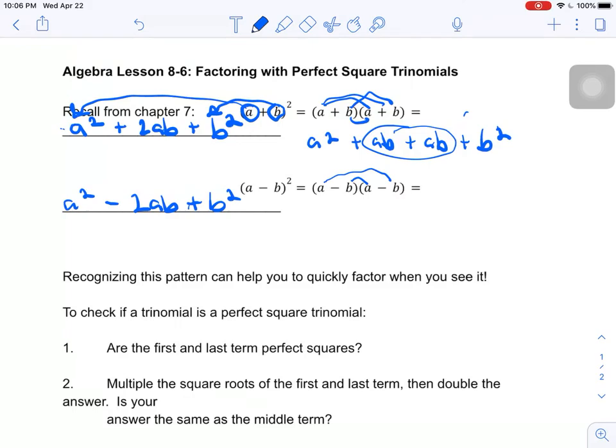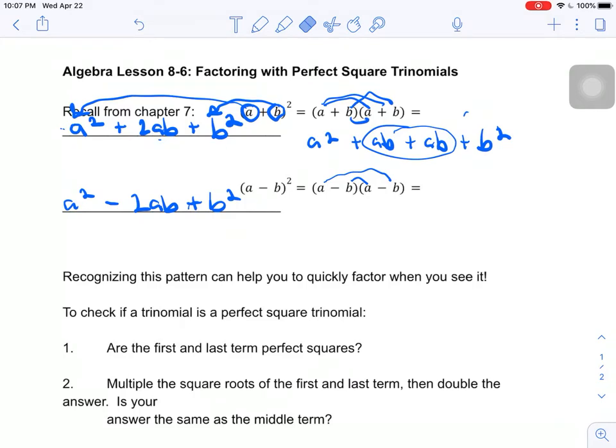And then it's just that plus that squared. Now that only works if the middle term is also following the pattern. The middle term is 2ab. So basically the middle term is saying, take the square root of this and the square root of this, multiply them together, and then double it. We're going to test that out in just a minute.